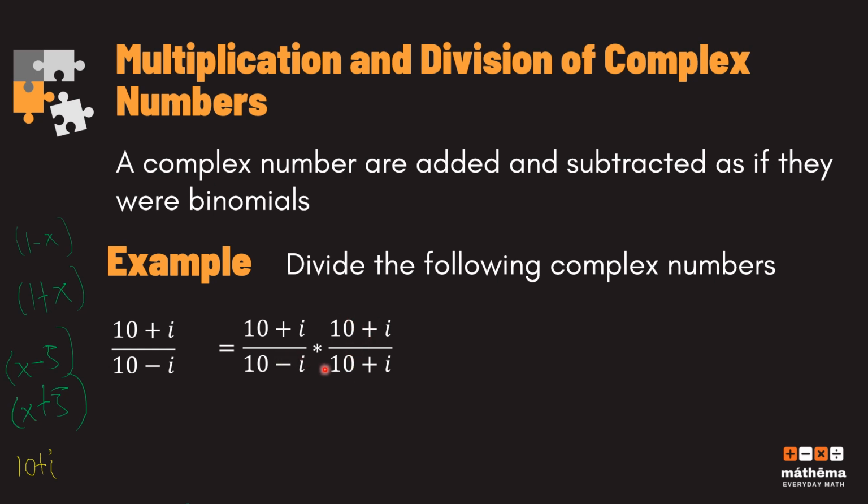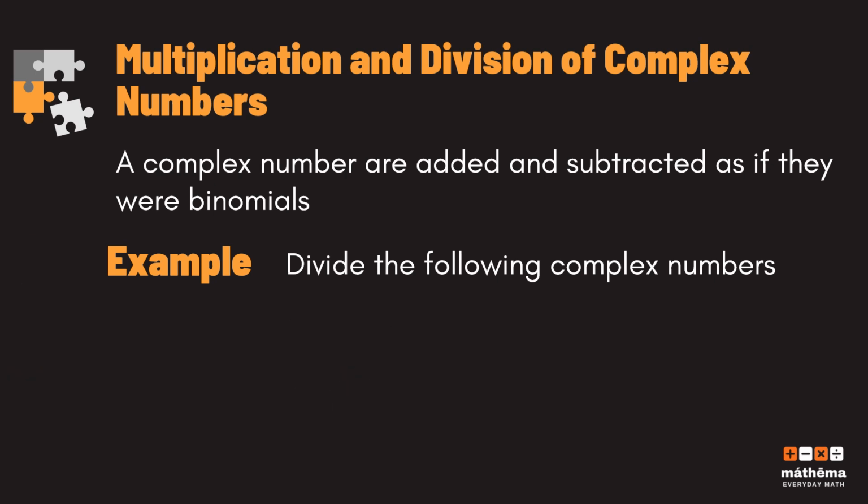So basically, we are not changing a thing to this particular expression because, remember, any number or variable multiplied by 1 is the number itself or the variable itself. Now, the same with what we did earlier, we are going to simplify.